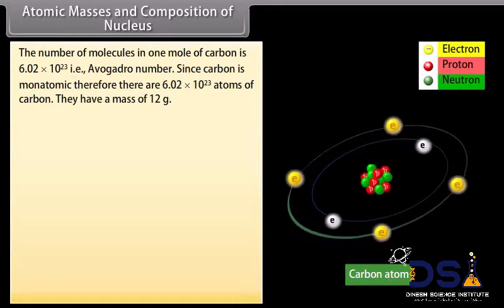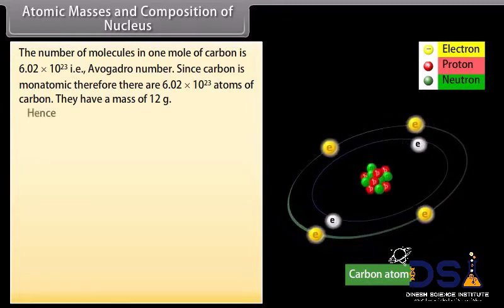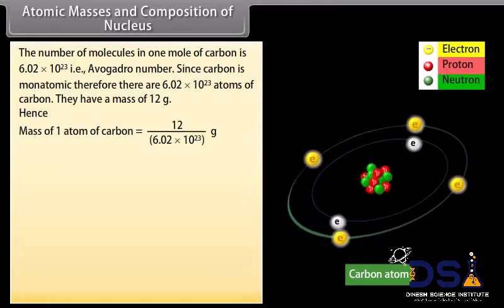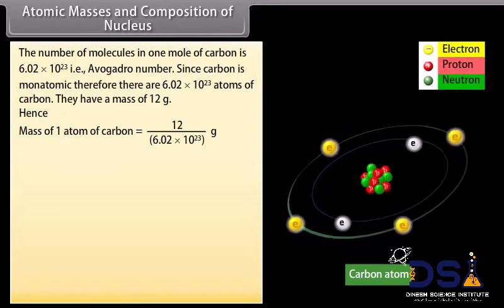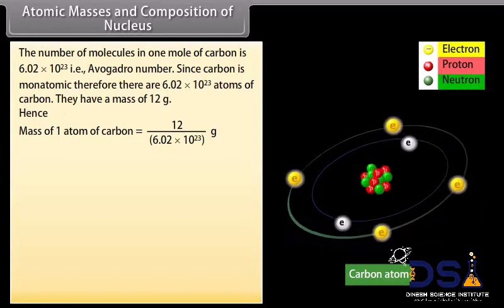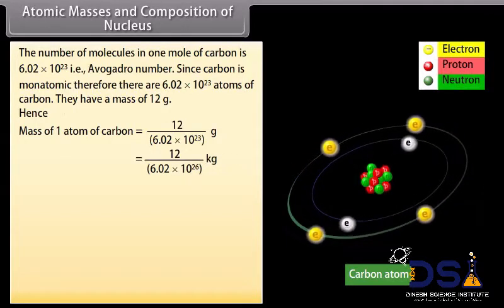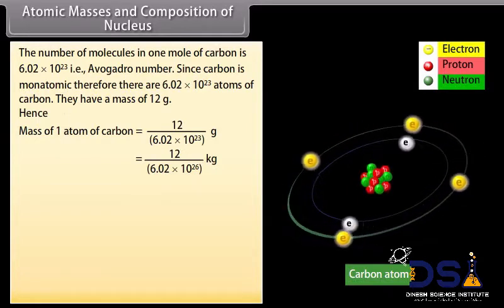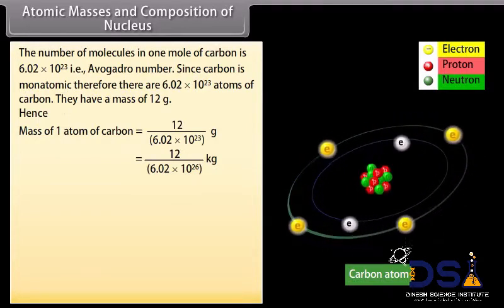They have a mass of 12 gram. Hence, the mass of one atom of carbon is equal to 12 by 6.02 × 10^23 gram, which is equal to 12 by 6.02 × 10^26 kilogram.